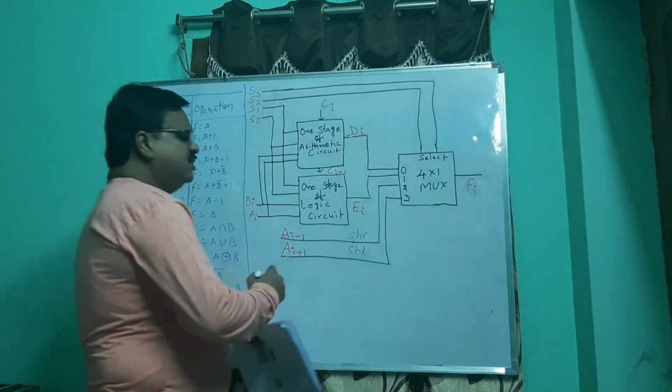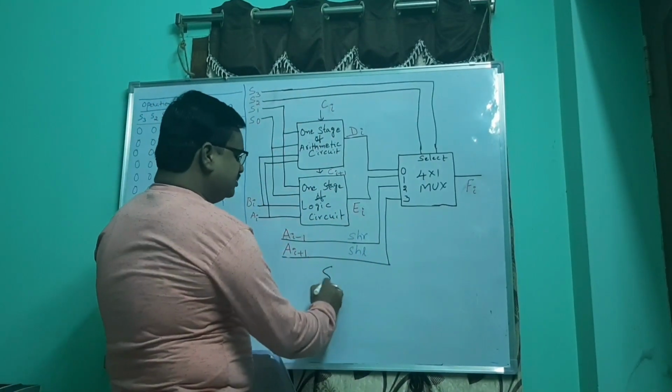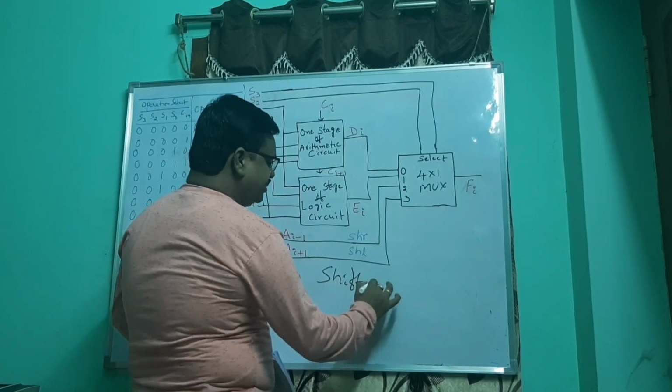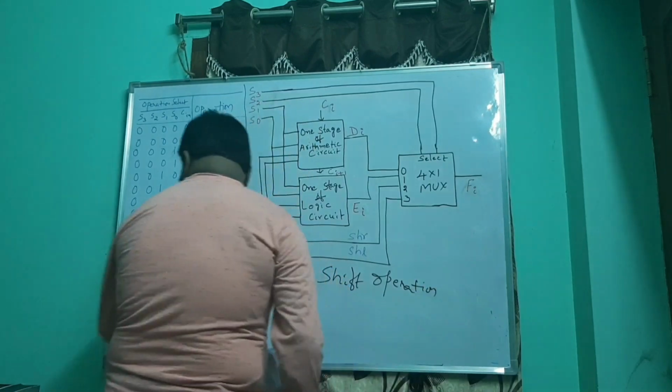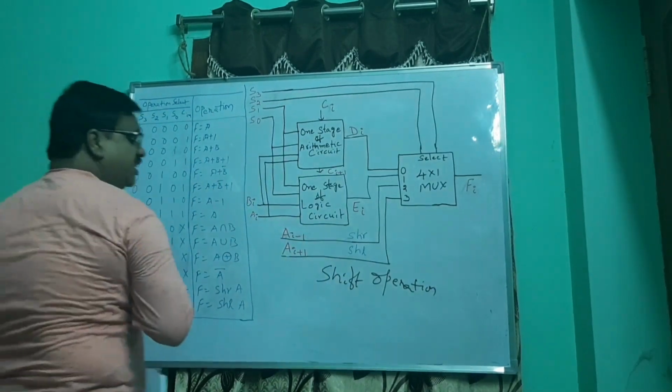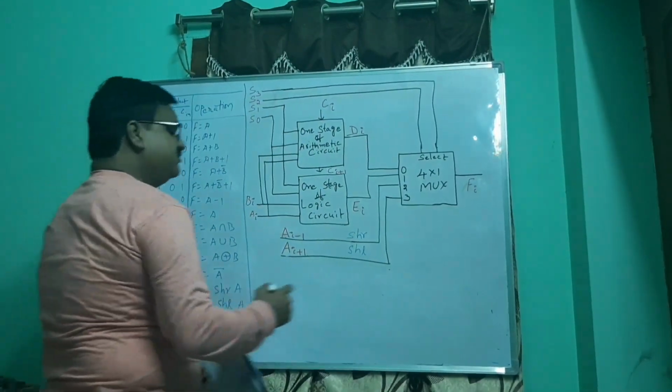Okay, dear students, in continuation with the previous topic, that is shift micro operations, as we have discussed, there are 3 types of micro operations apart from the register transfer.